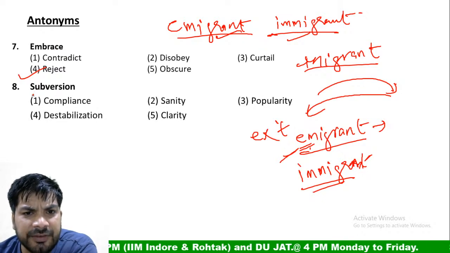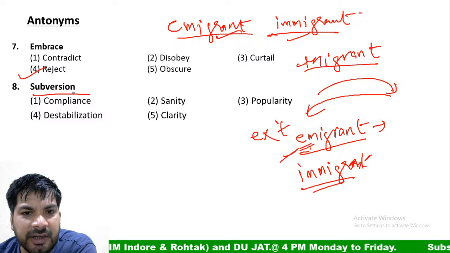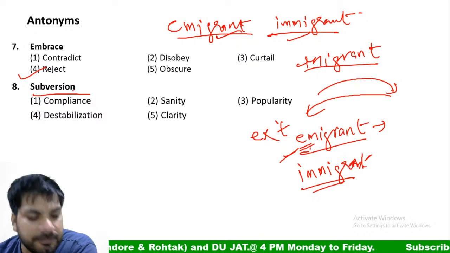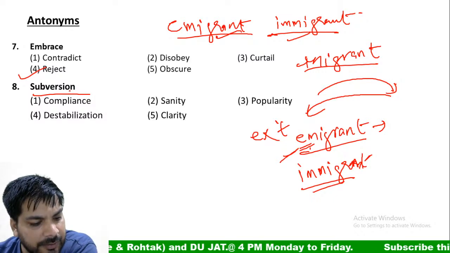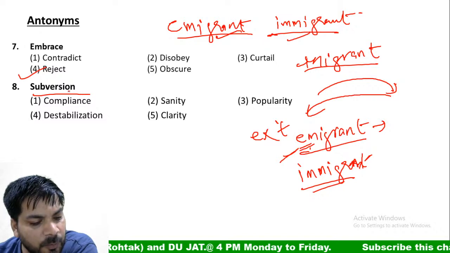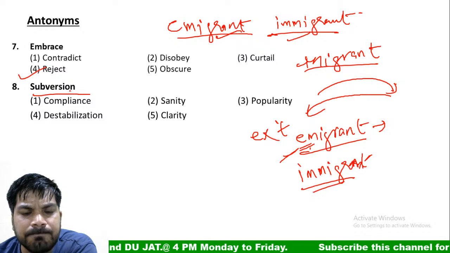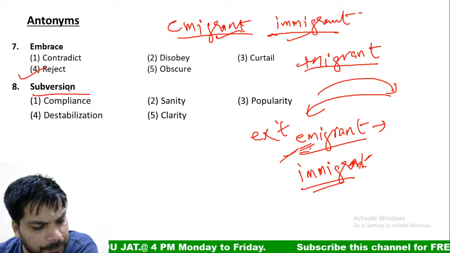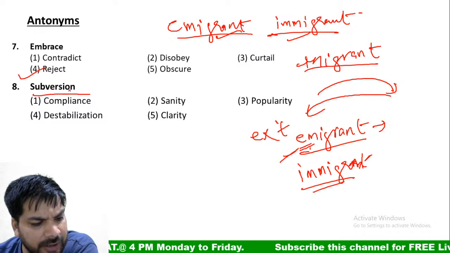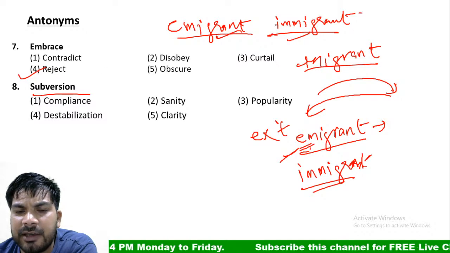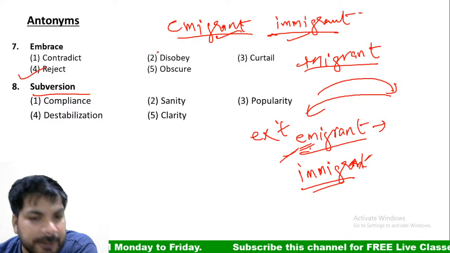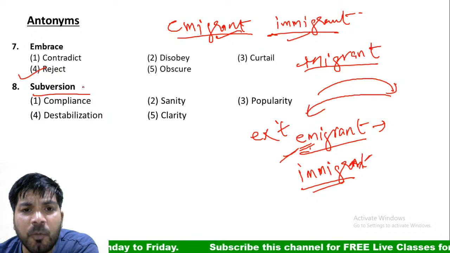Similarly, subversion. What do you mean by subversion, ladies and gentlemen? When you talk about subversion, that means you are... All right, Sajal. Great. If it is clear, that is wonderful. Eighth, subversion of something.